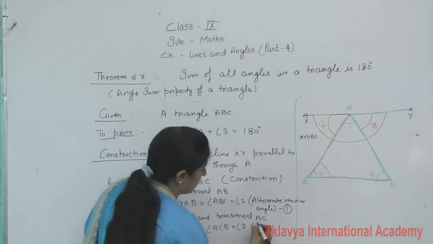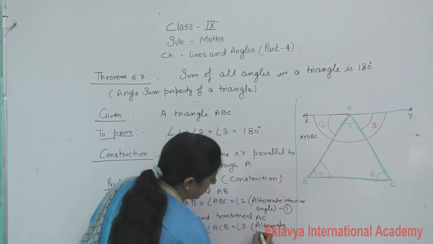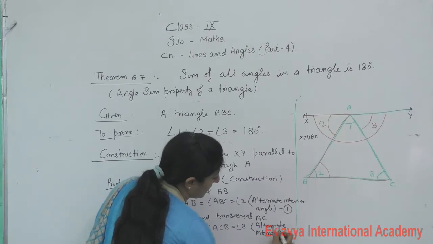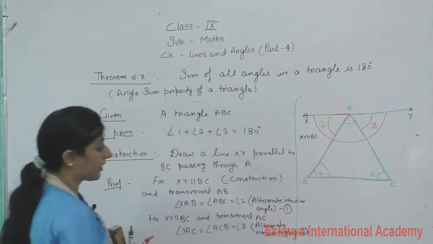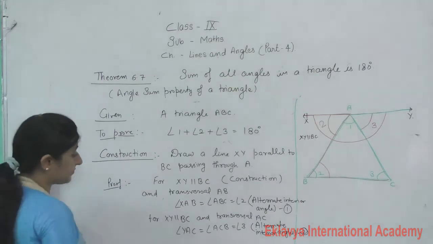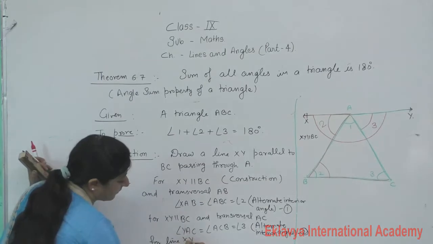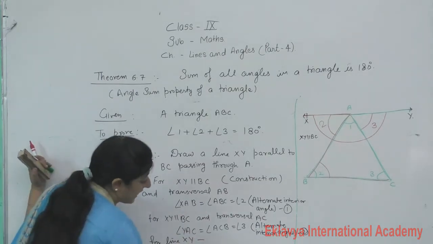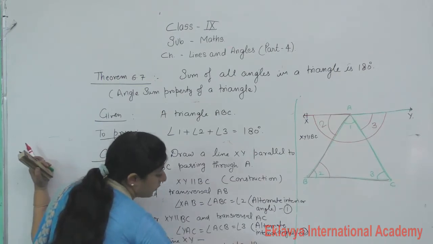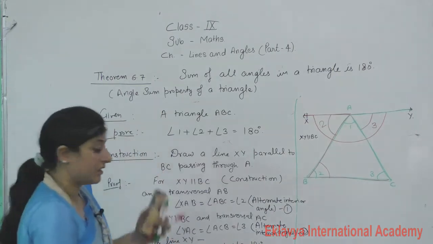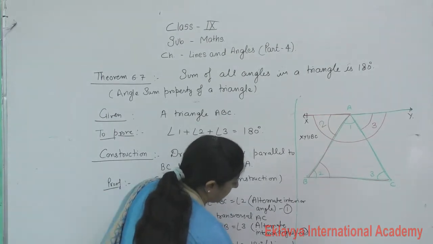Reason same, alternate interior angles, equation 2. Now see, for line XY we can say angle 2 plus 1 plus 3 is equal to 180 degree. Linear pair.